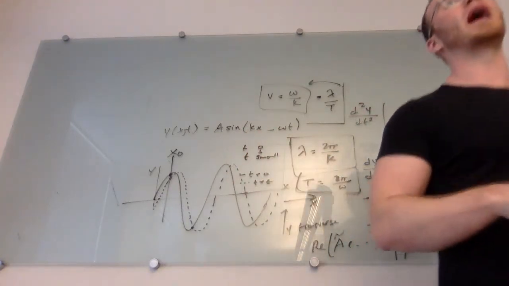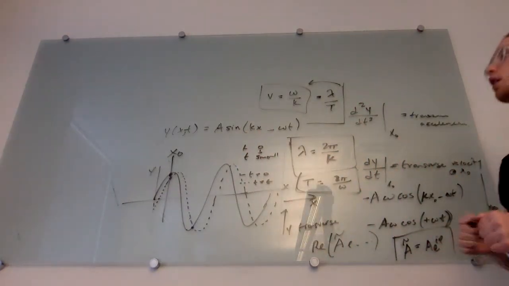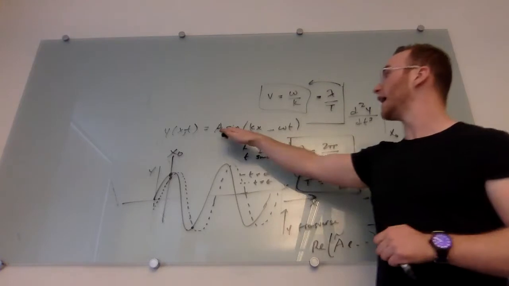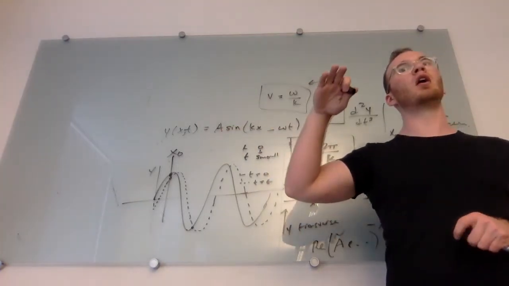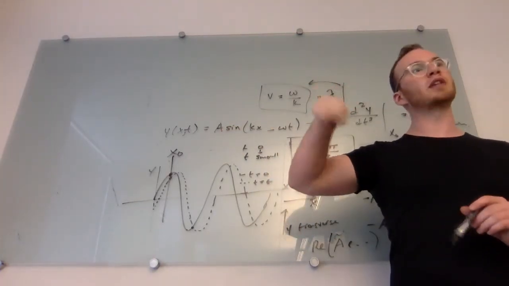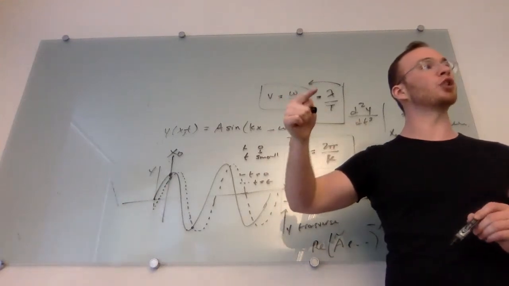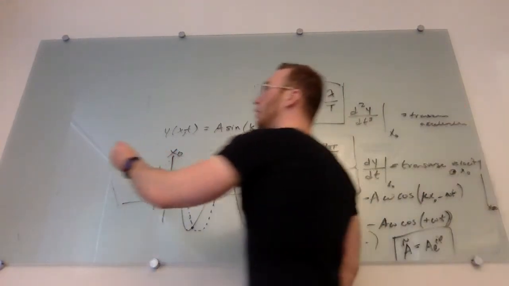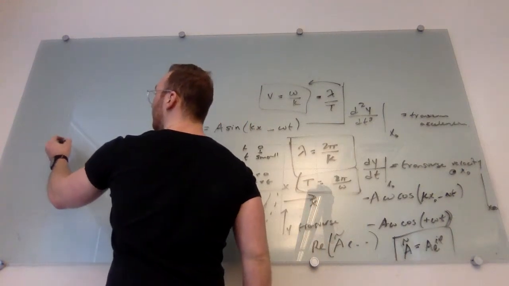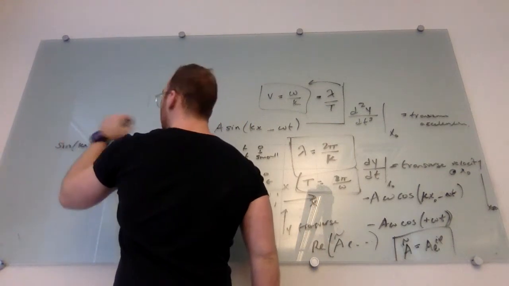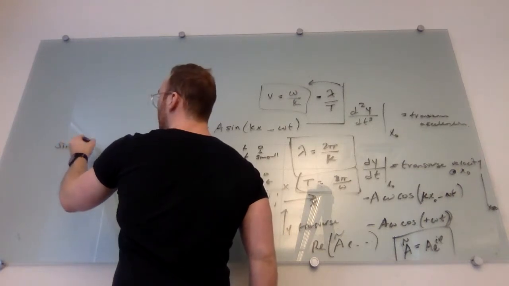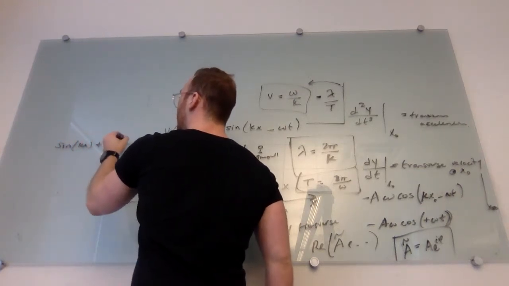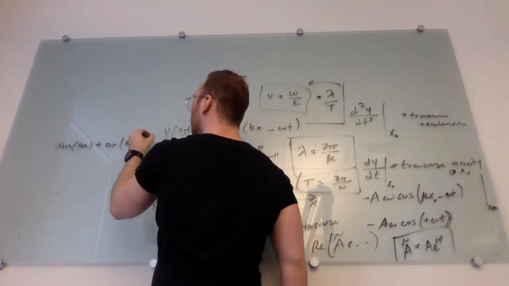Whatever. So at some fixed time, the wave looks like sine of kx, and if they say that plus an identical wave moving in the same direction with just a phase of 3 pi over 2, you could just write this as sine kx plus sine of kx plus 3 pi over 2.